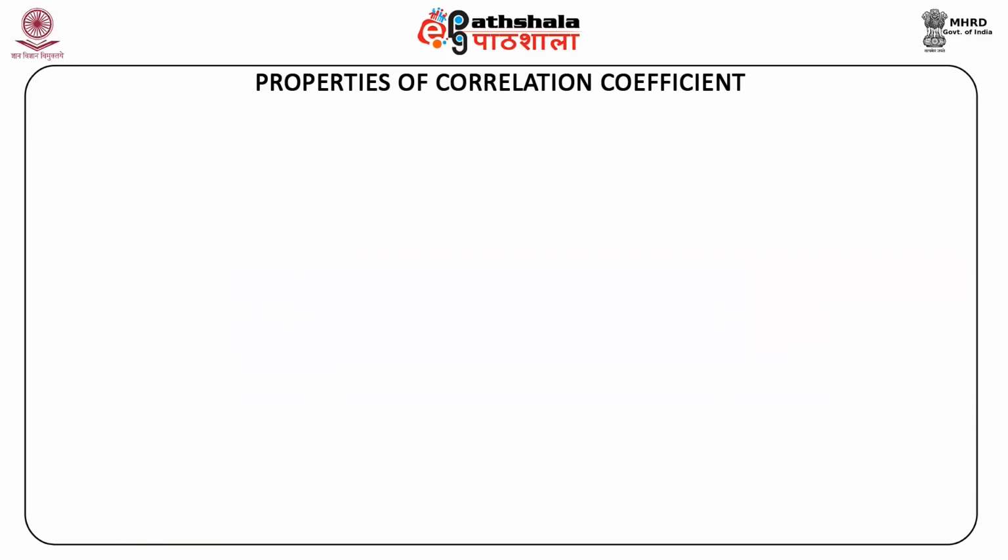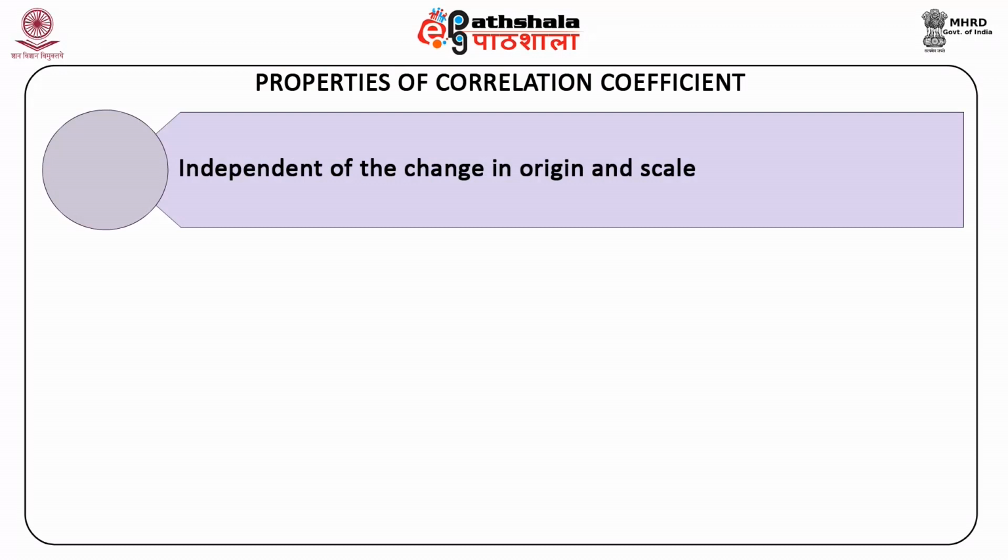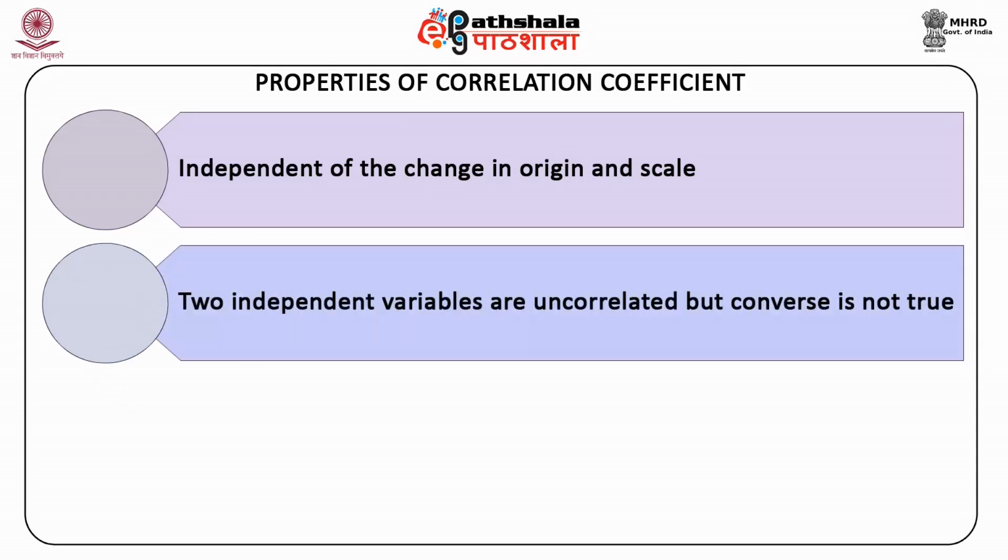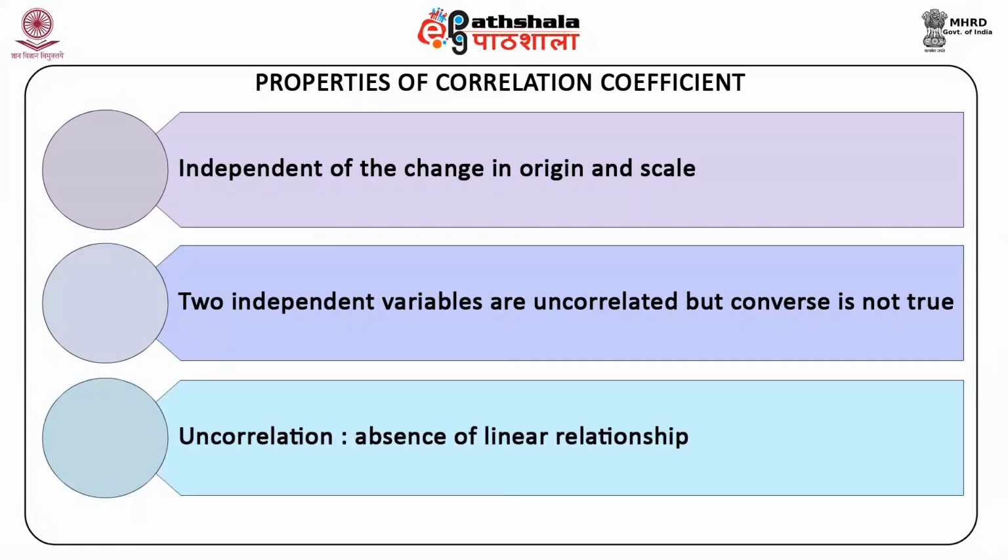Second, correlation coefficient is independent of the change in origin and scale. Third, two independent variables are uncorrelated, but the converse is not true. One should not confuse the words uncorrelation and independence.